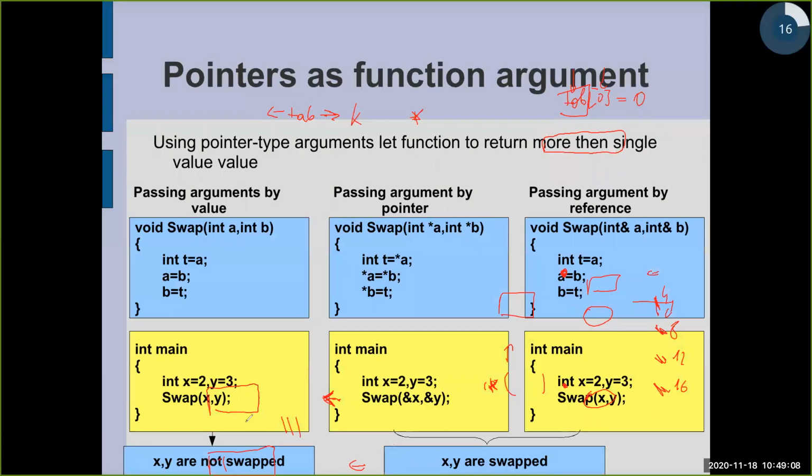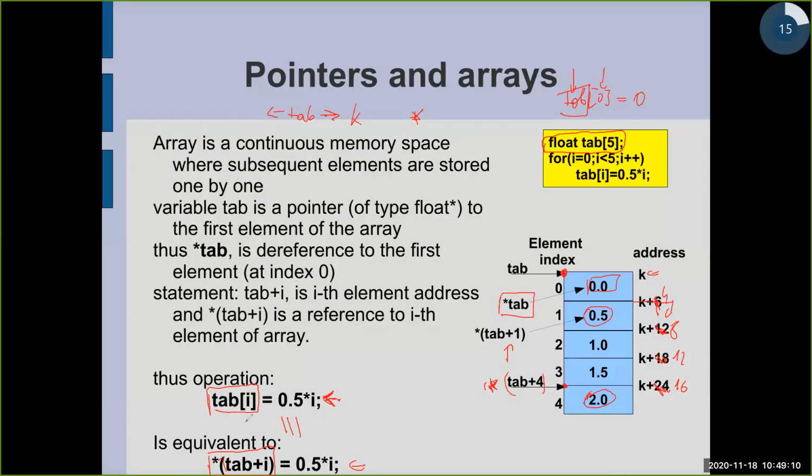So now I'd like to mention that if we have, let's say, a fill array function, and I pass as argument the name of the array, the function definition was, okay, here I have int n.